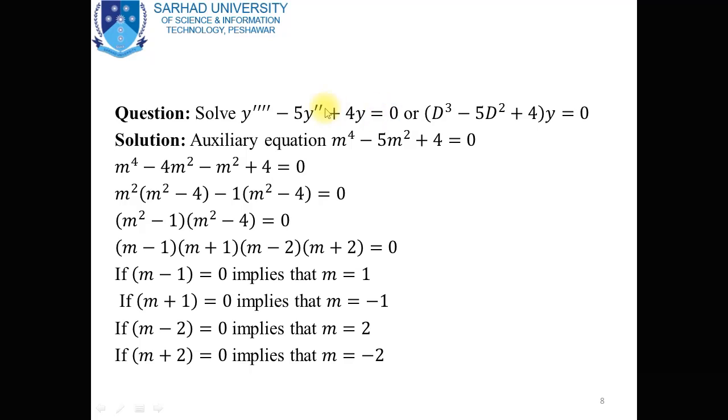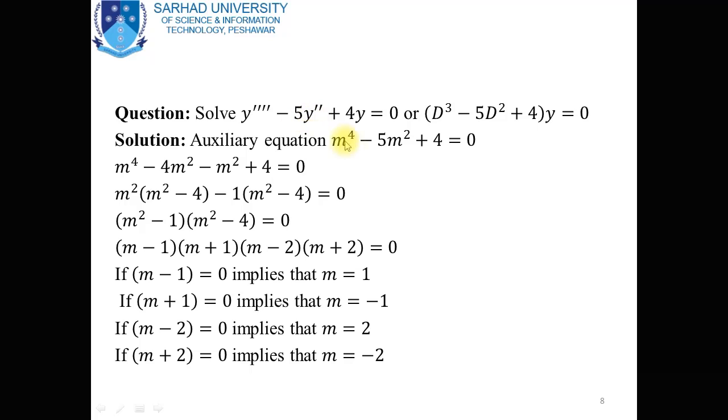And now the auxiliary equation. This is actually the fourth order linear differential equation with constant coefficients. m4 minus 5m square plus 4 is equal to 0. This is the auxiliary equation for this fourth order linear differential equation.